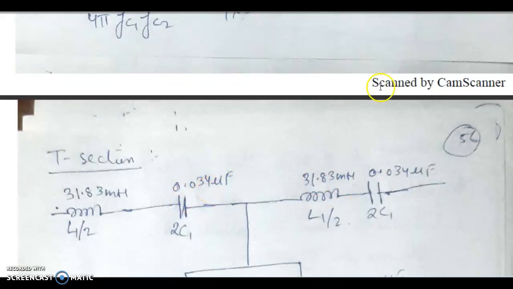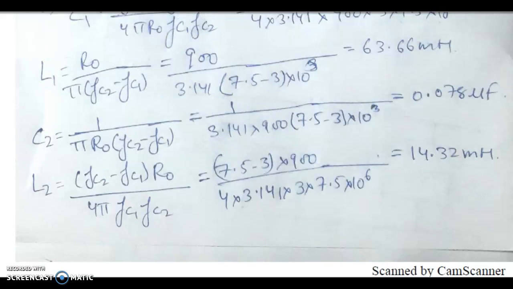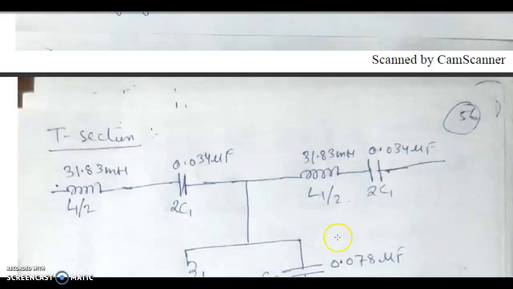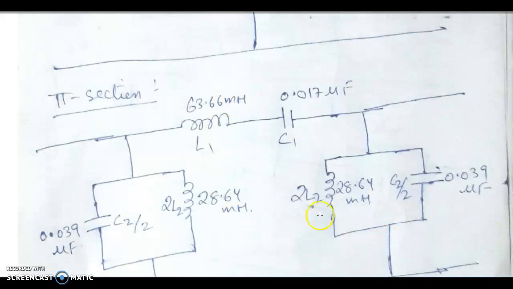Similarly, this capacitance is 2C1. Because C1 is equal to 0.017, this value will be equal to 0.034. In this way we can design the band pass filter. Similar is the pi configuration of the same problem.